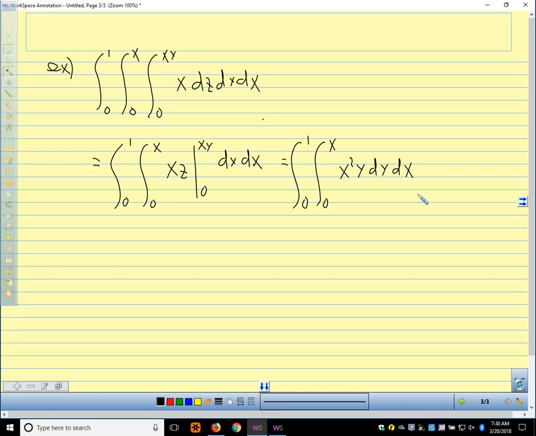And now we just have an iterated integral in the xy plane. And we evaluate this. This is an easy evaluation. You can keep going, and we get 1/10. All right, questions there?